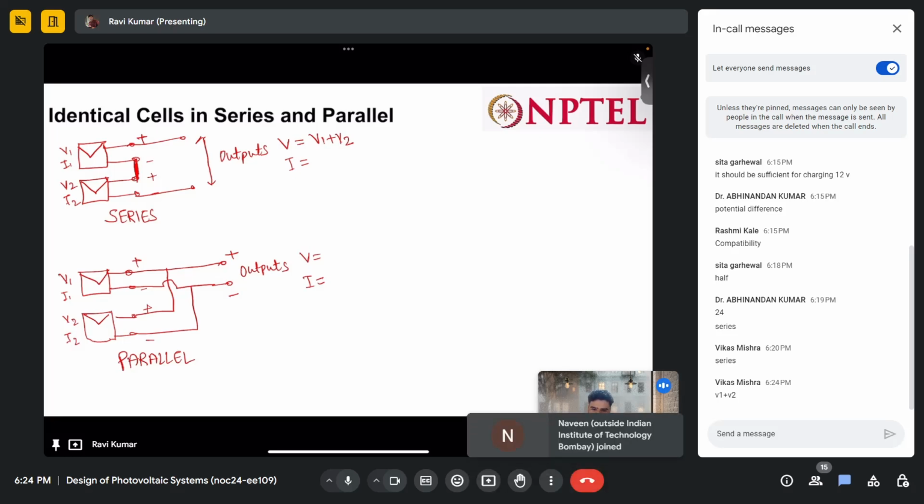Current in series remains constant. So it will be equal to I1, which is equal to I2, because we are talking about identical solar cells. In case of a parallel connection, what happens in parallel?